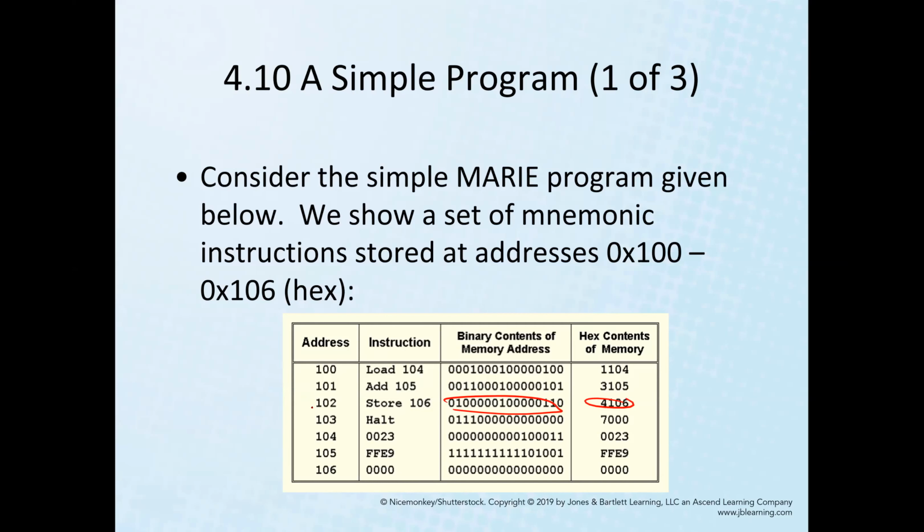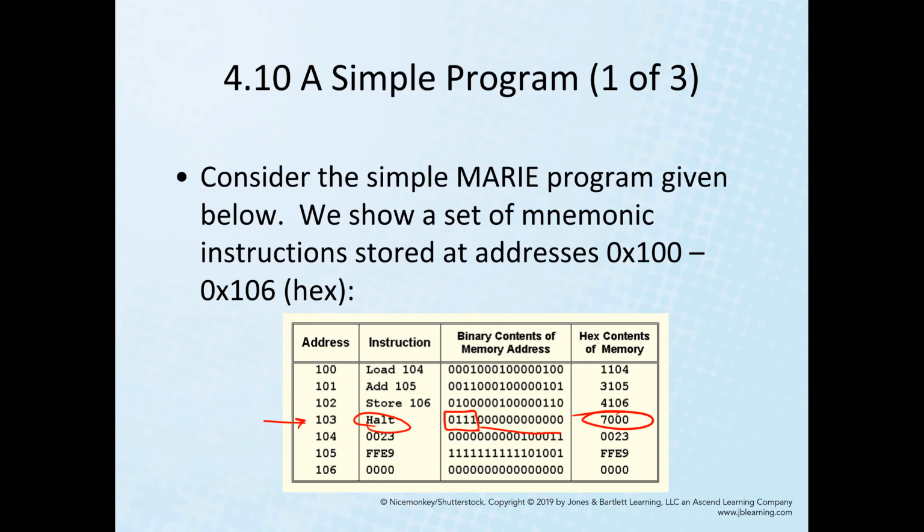The next line is line 103, which is halt. Halt is one of those instructions that doesn't have an address field. The address field is 0, and the opcode of halt is 7. So we place 7 in the opcode field, and the rest of the bits are 0. The hexadecimal equivalent for halt is 7000.